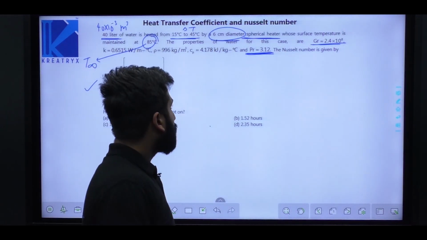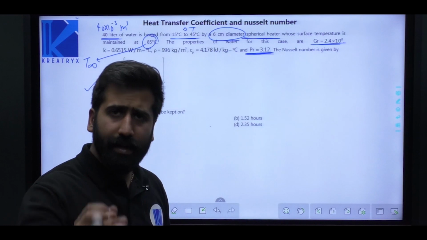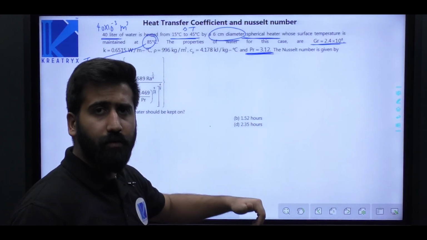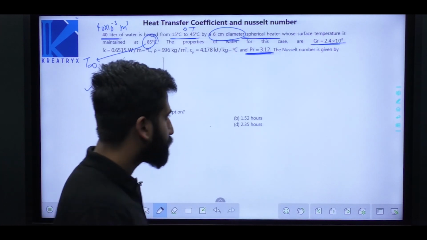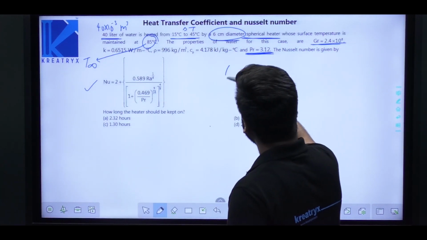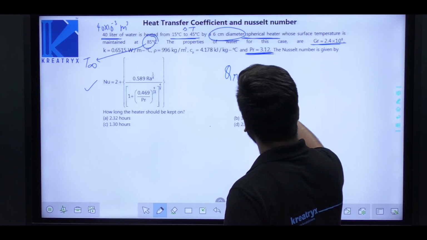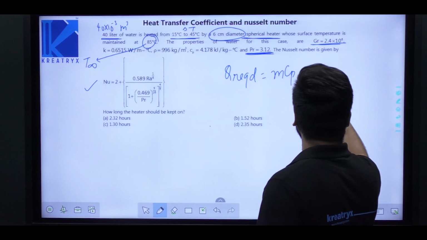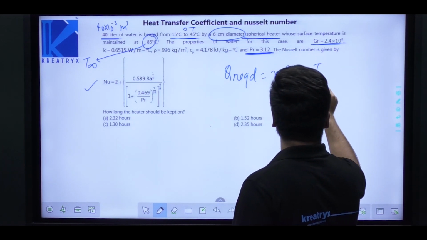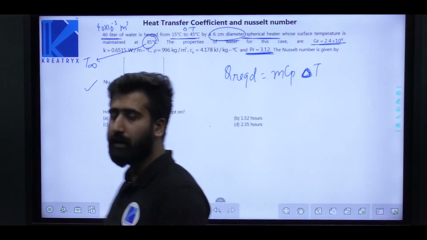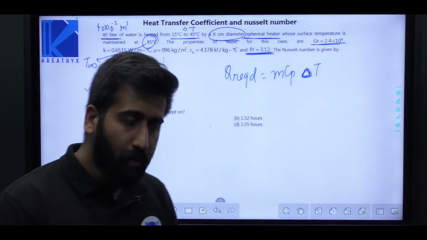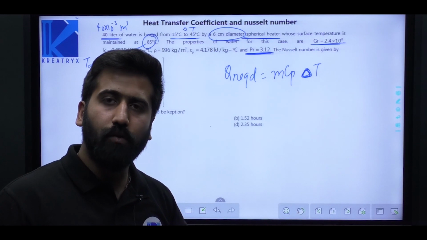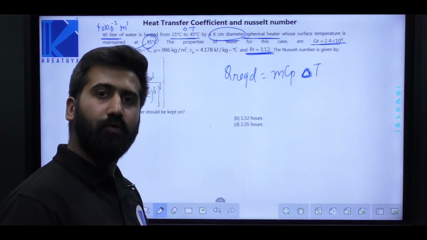First of all, we can find out the heat required to actually heat water from 15 degrees Celsius to 45 degrees Celsius. So Q required will be m Cp delta T. This is the heat required to raise the temperature of 40 liters of water from 15 to 45 degrees Celsius.